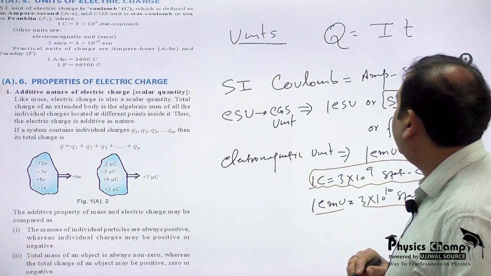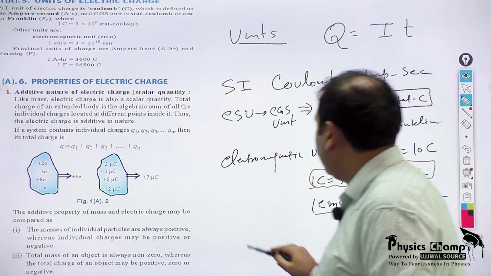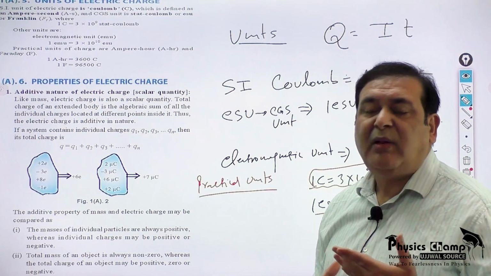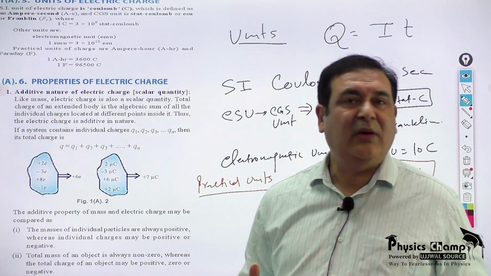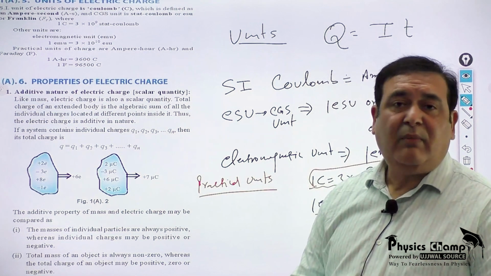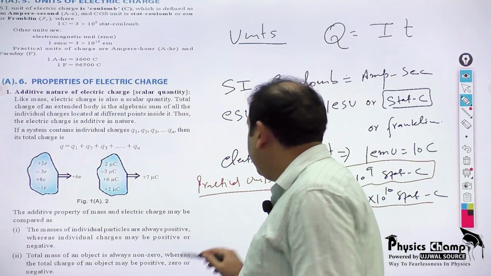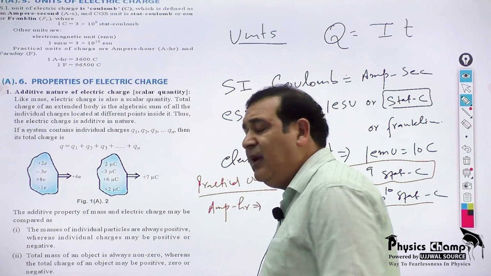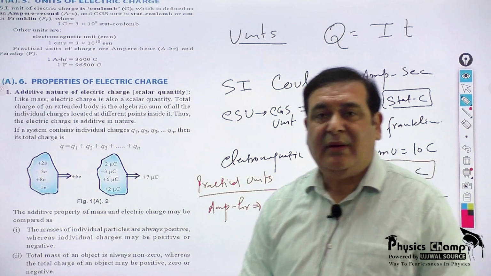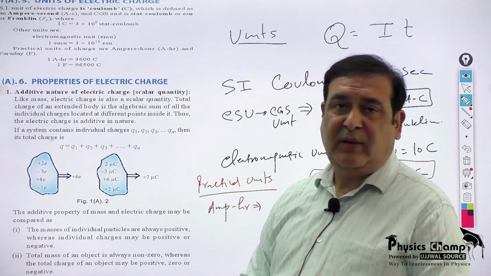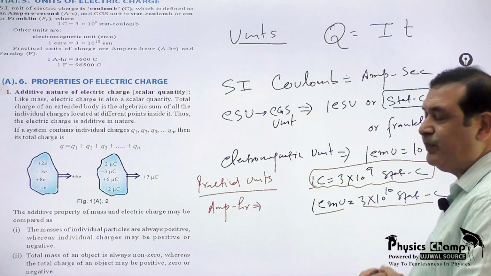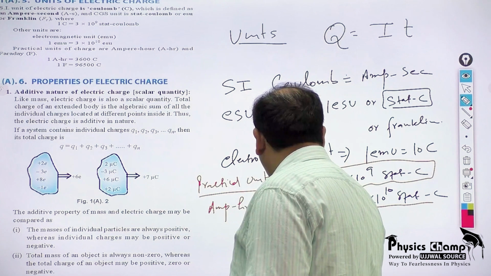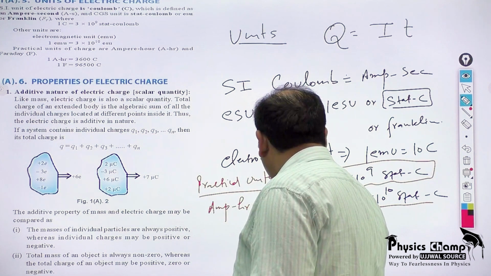We have got some other practical units, used whenever we are utilizing the storage of charge in a region. These practical units are more usable, and that is ampere hour. If you look at the inverter batteries in your home or the car batteries, the unit is written as ampere hour instead of ampere second. So 1 ampere hour is 3600 coulomb or ampere second.